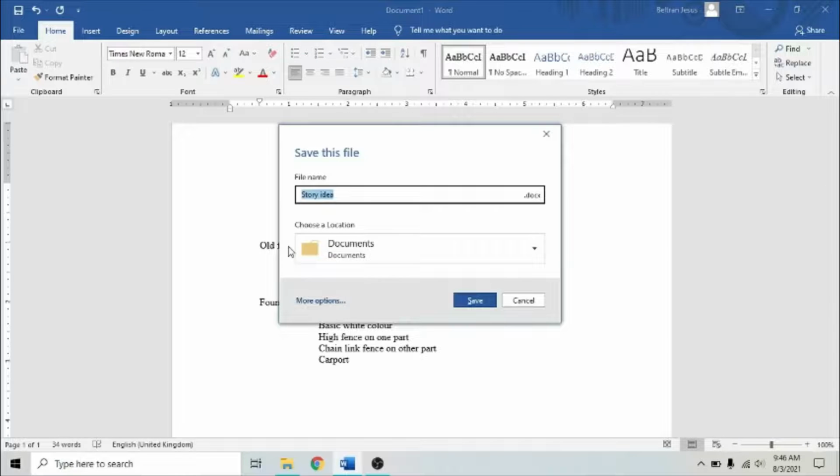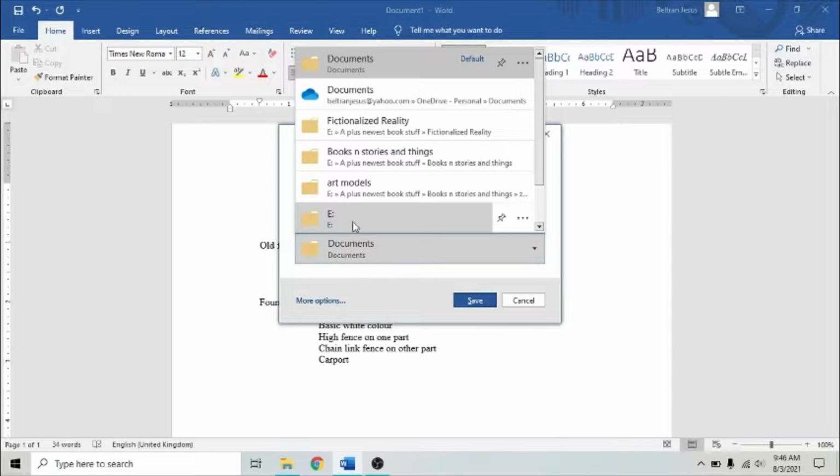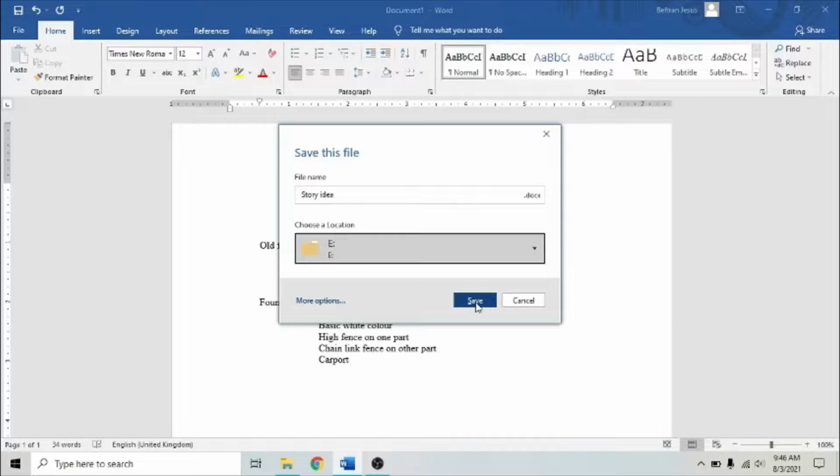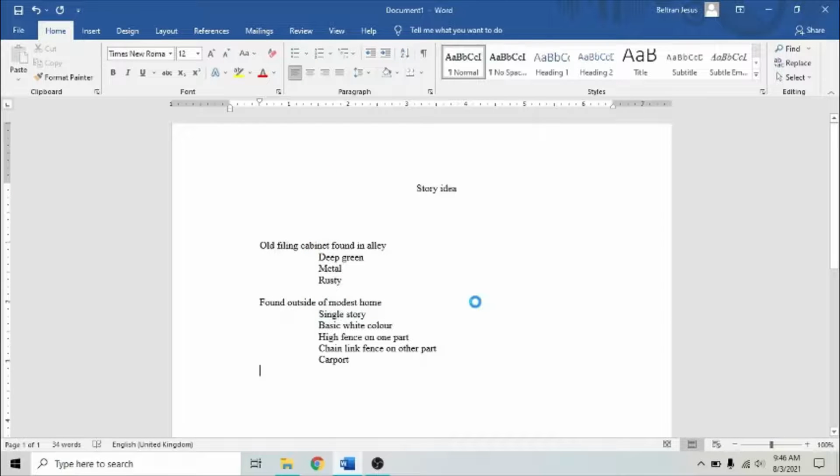So now what I'm doing is I've got a lot of information here I don't want to lose because my memory is just horrible. And I hit save. I saved it to my pen drive, and up here at the top we see the title, which is actually this title.